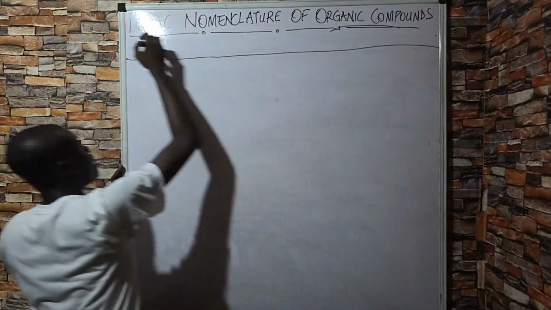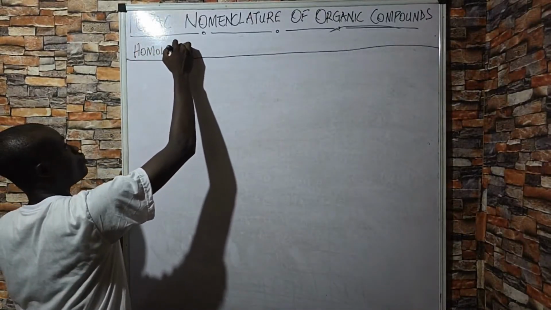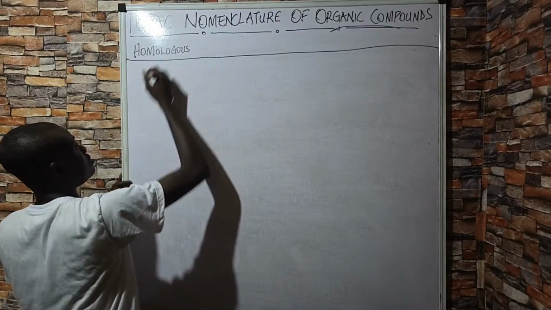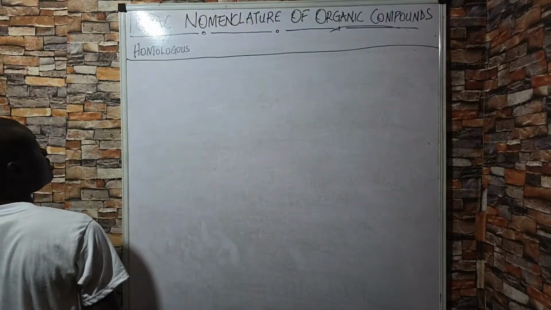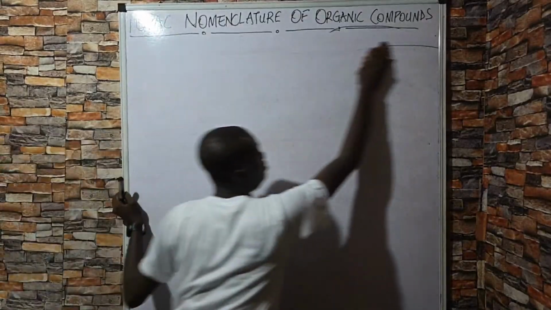In this table we have what we call the homologous series. Please permit me to take this off the board again.